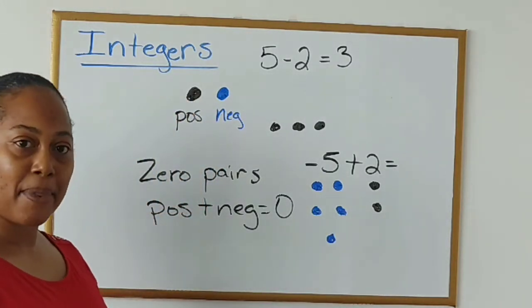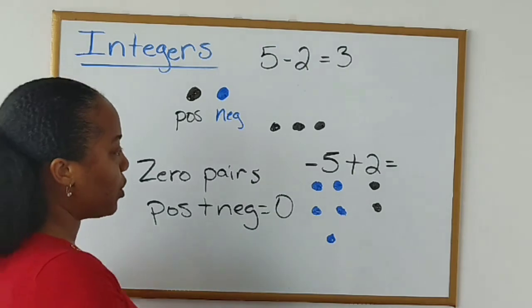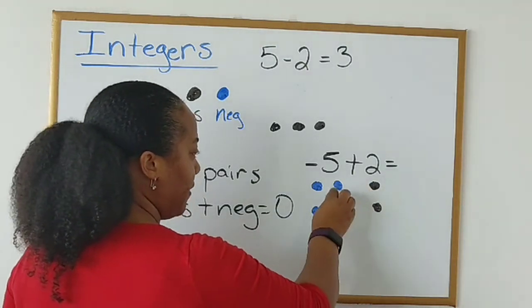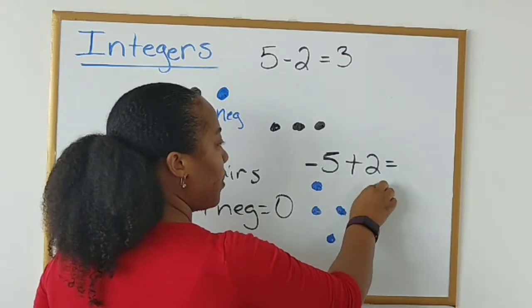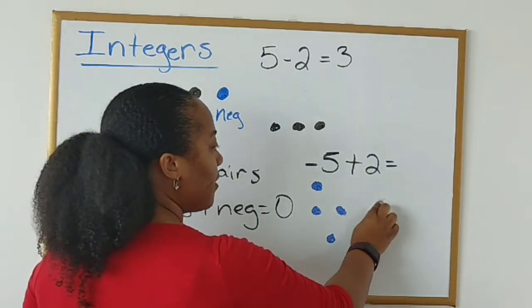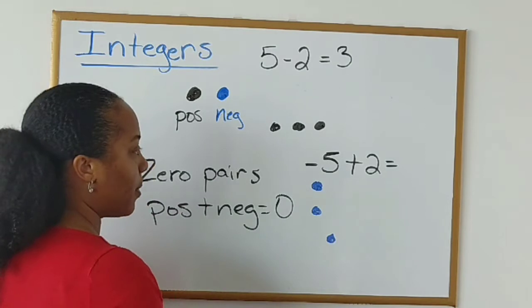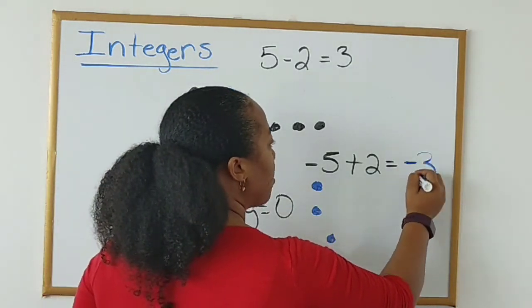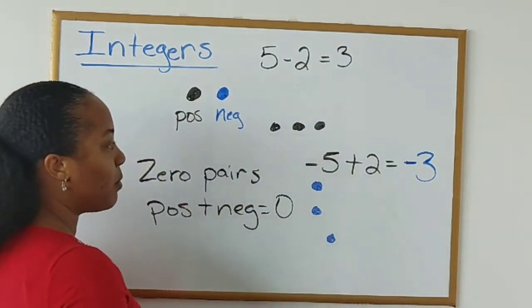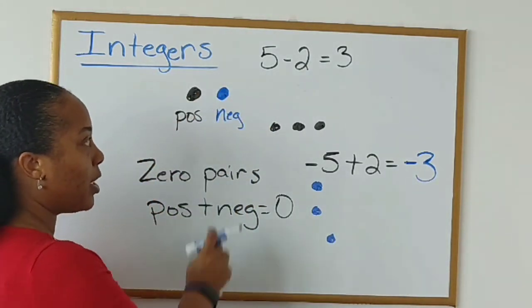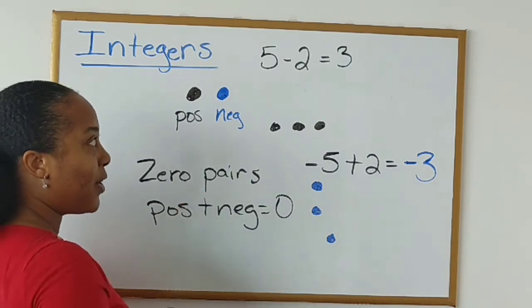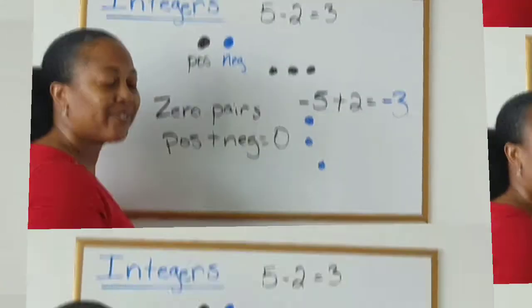It's the exact same thing. We still have 2 zero pairs that we can get rid of. So we know a positive and a negative equals 0, so we can get rid of that. And a positive and a negative also equals 0. So now this time we are left with a negative 3 is our answer. When in the original problem, it equaled a positive 3. So that is how integers are working so far.